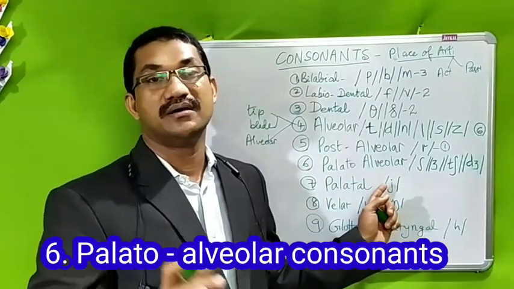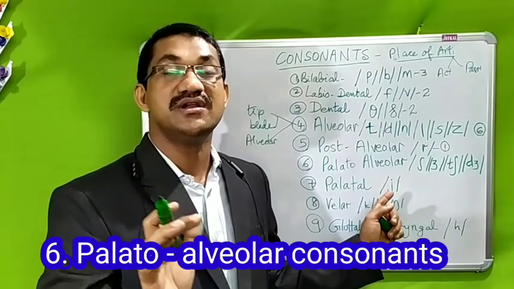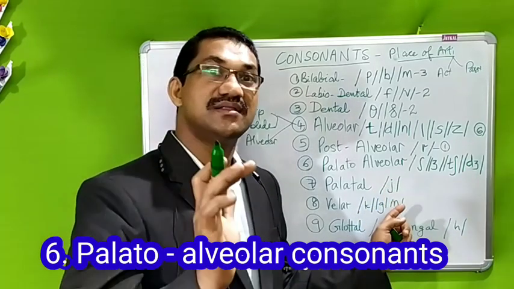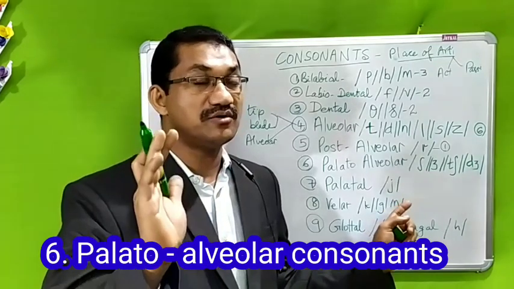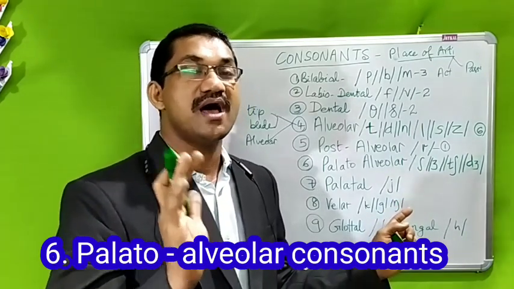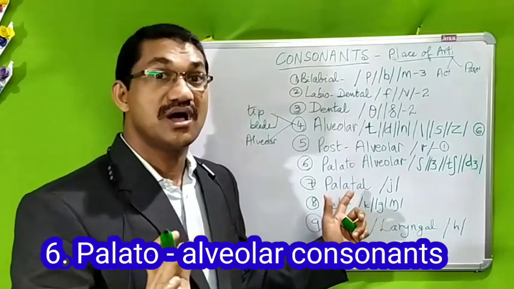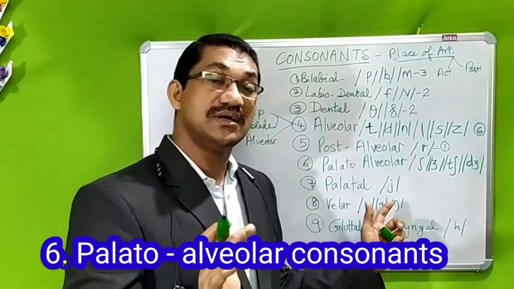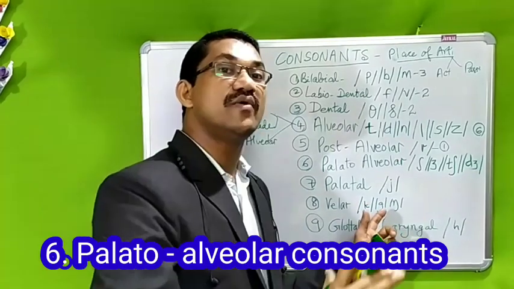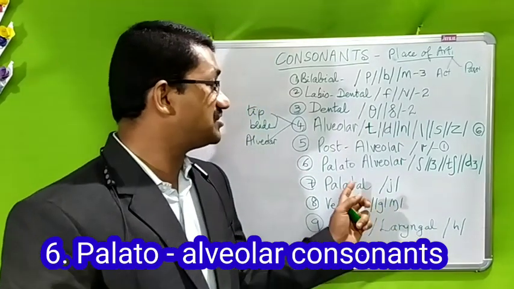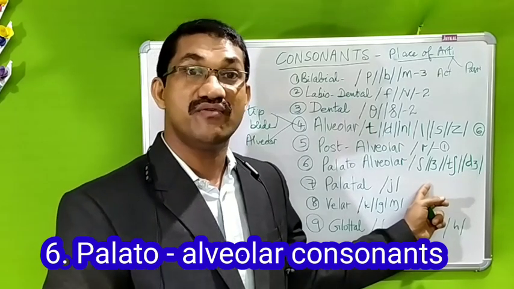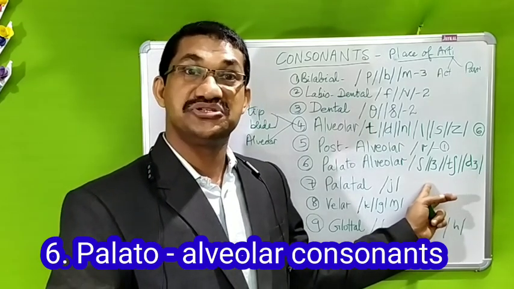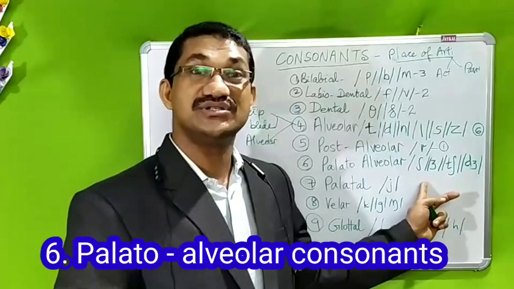Palato-alveolar: the tongue is initially lifted towards the palate, that is of course the hard palate, the center of the roof of the mouth, and from the palate the tongue is fronted towards the alveolar, and we say shy, shine, shiver, shoe, she. Alright, the sound is sh.